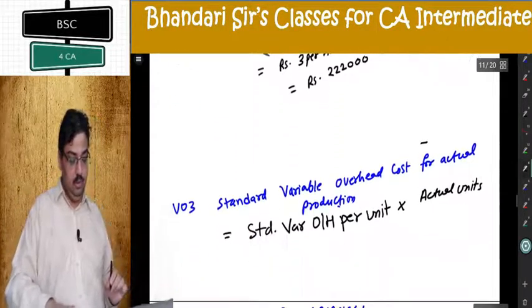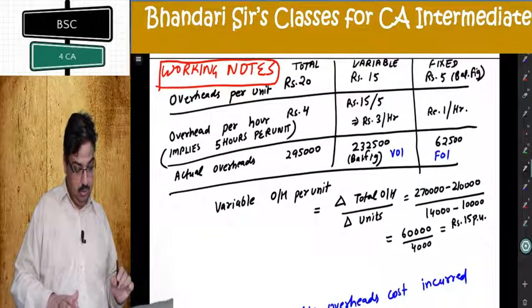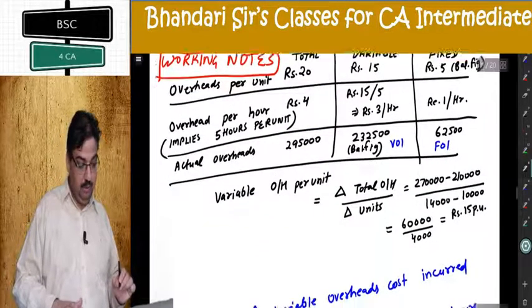2,22,000. Per unit, in variable overhead we computed how much? We computed 15 per unit.